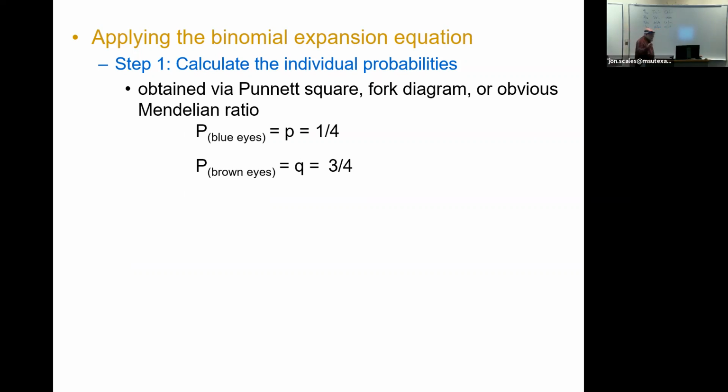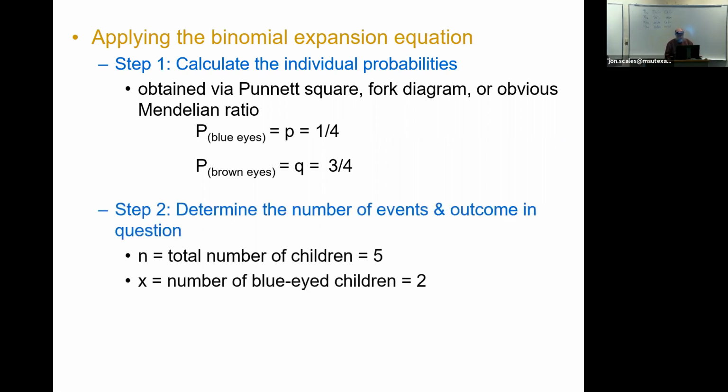All right, so let's go back and just pretend. If you just looked at that, it's a monohybrid cross again. So 1/4 possibility of being homozygous recessive and having those blue eyes, 3/4 chance of not having blue eyes. So P, the little p becomes 1/4, the little q becomes 3/4 for our equation. Now, how many things are we interested in? Well, we're interested in 2 of them.